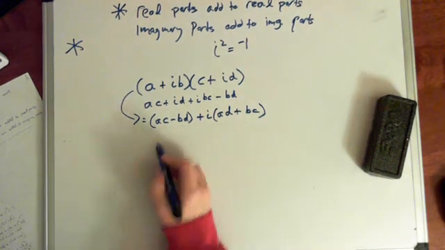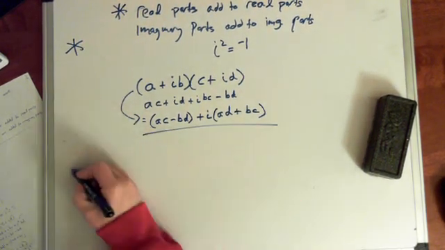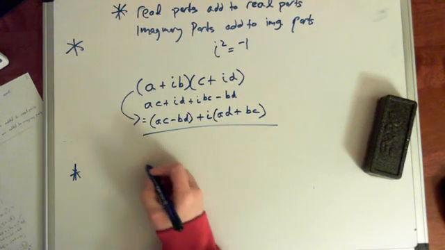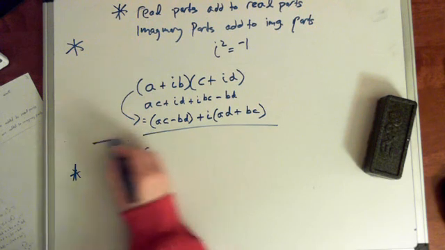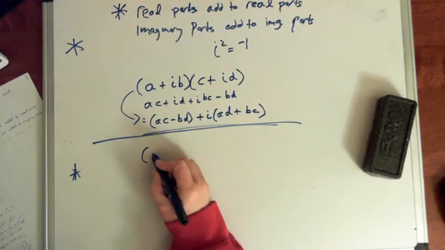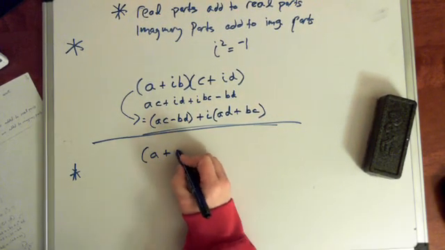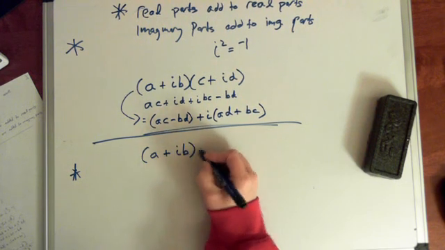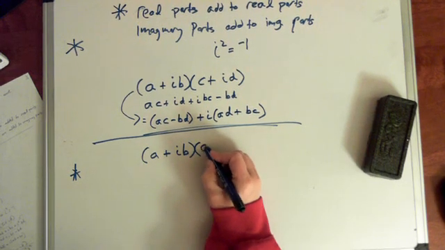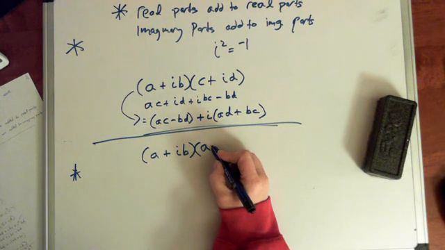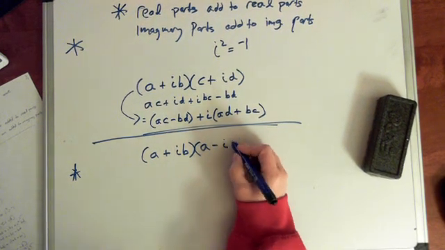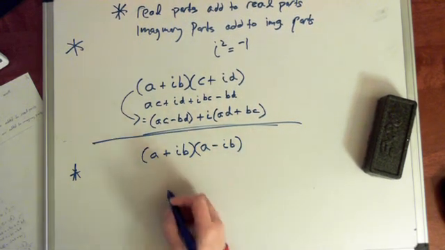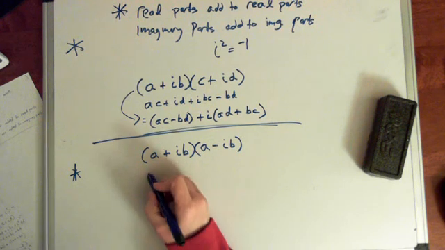Another example with multiplication is if we have a plus ib times a minus ib. Let's write it all out again.